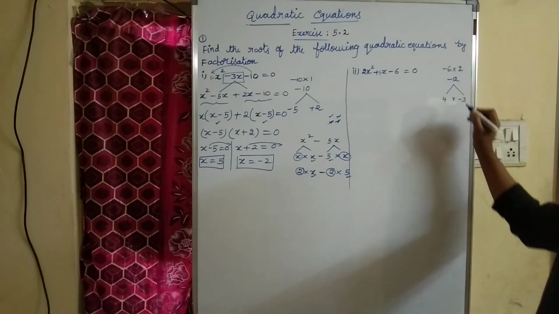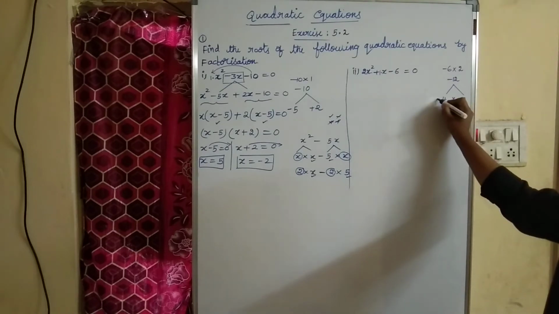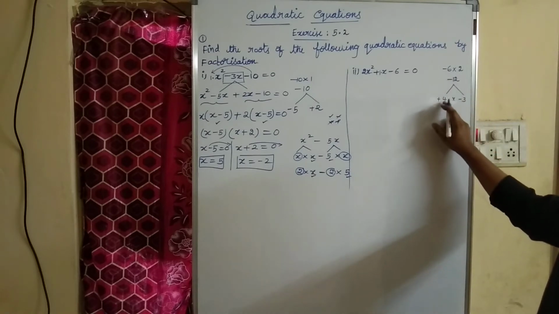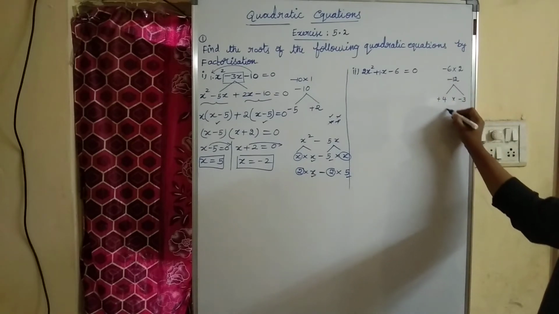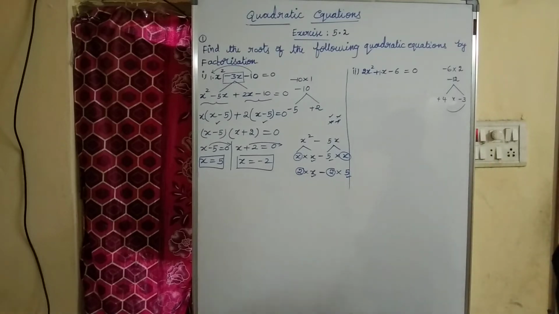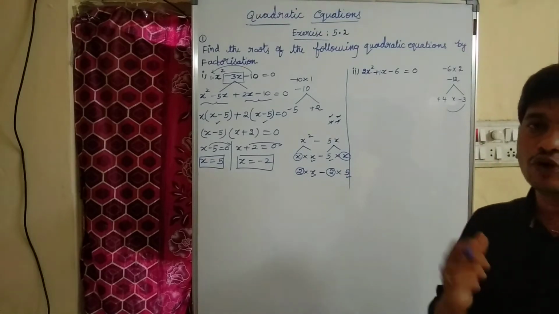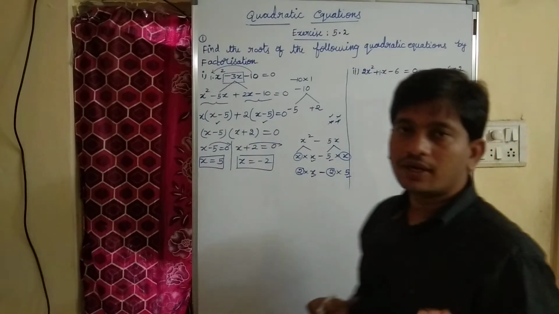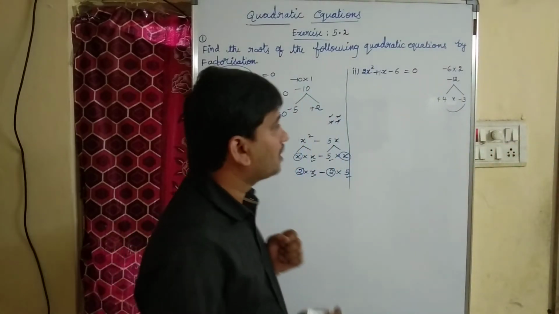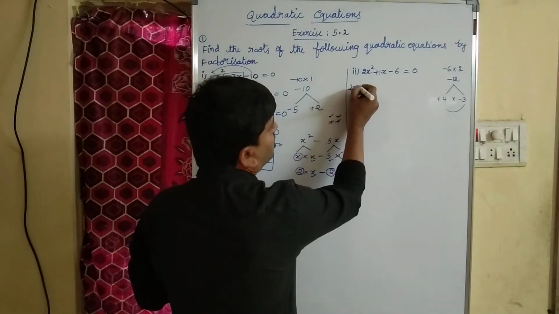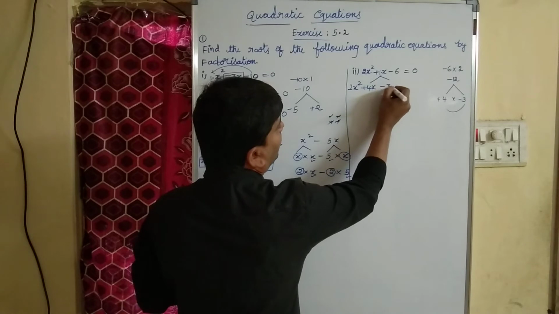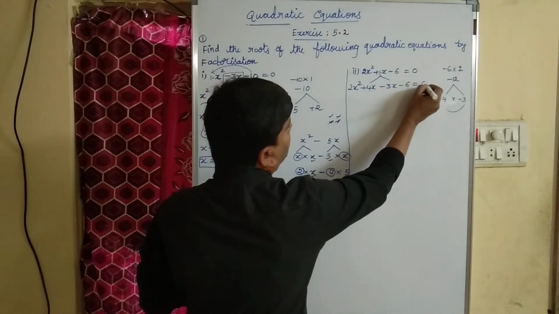Let me take 4 into minus 3, as 4 is plus and 3 is minus. So plus into minus is minus, 4 3s are 12. If I subtract 3 from 4, I mean 4 minus 3, which is equal to 1. So the possible factors are 4 and 3. Okay, let me write 2x square, 1x I can write as plus 4x minus 3x minus 6 equal to 0.